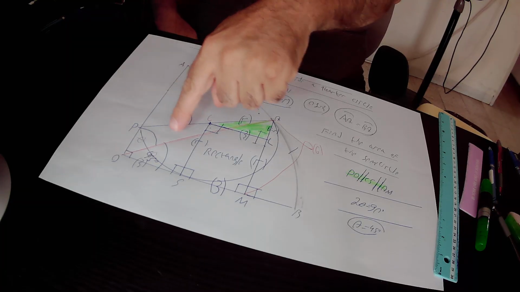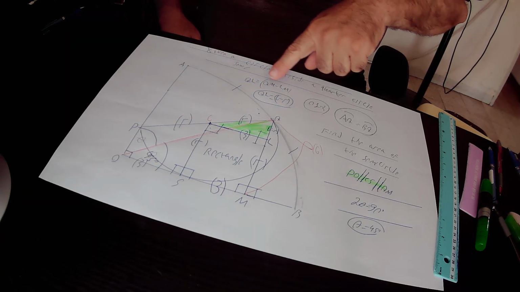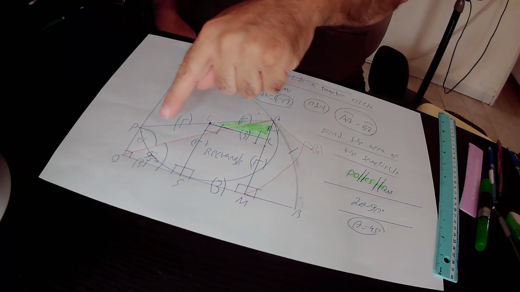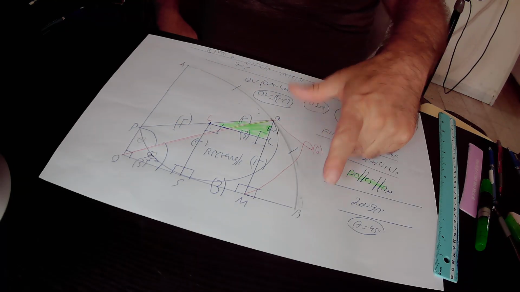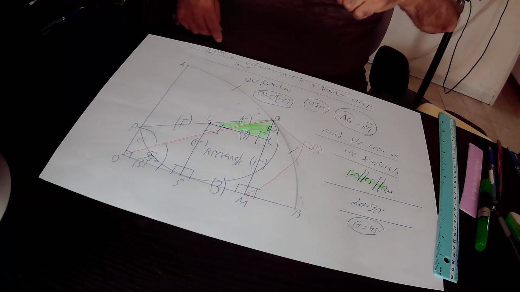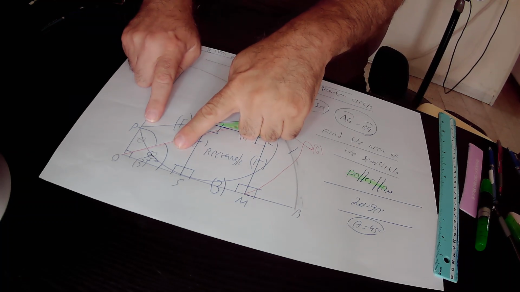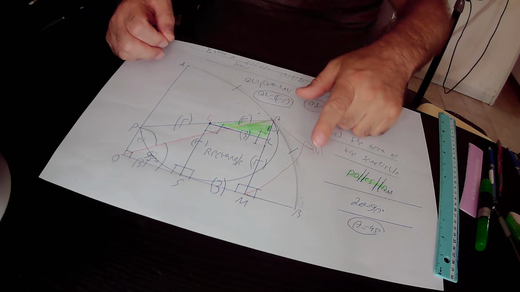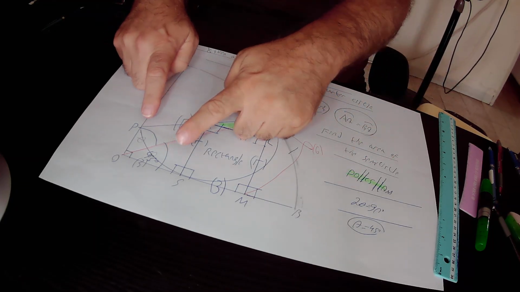Angle AOQ subtends arc AQ. Likewise, we have central angle QOB that subtends arc QB. So those two central angles subtend equal arcs. According to what is given in the question, AQ equals QB, and therefore they must be equal to each other in size.